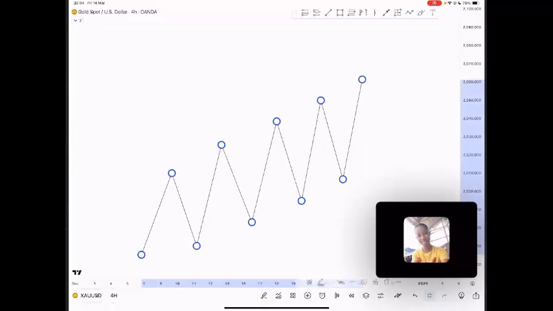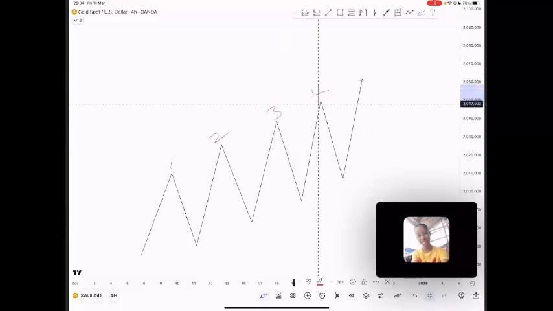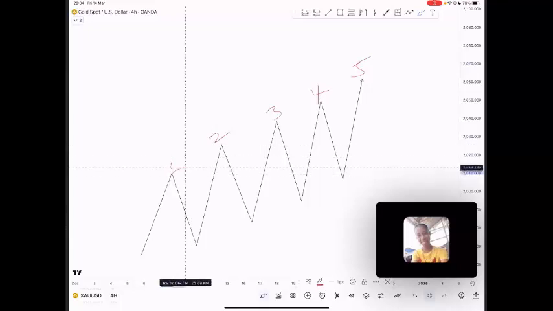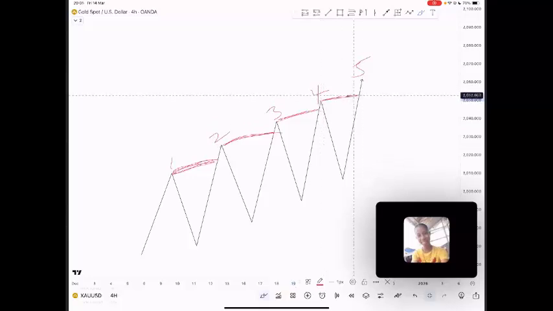This is an uptrend. This is high one. This is high two. This is high three, high four, and high five. So whenever high two goes above high one, that is a break of structure. When high three goes above high two, that is a break of structure. When four goes above three, it is a break of structure. When five goes above four, it is a break of structure.